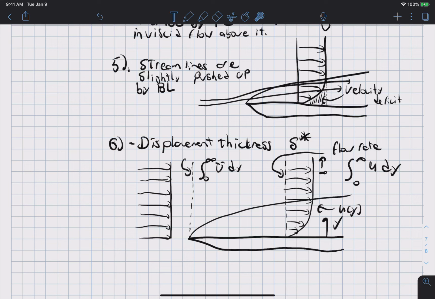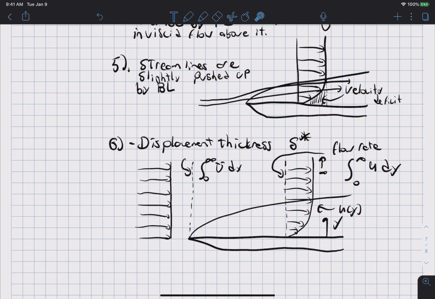And so here it is easy to see that this velocity profile has not felt the presence of the boundary layer, but this portion has. So if I were to compute the flow rate through this fictitious line or plane here, I would get a larger number than the flow rate through this fictitious line or plane here.